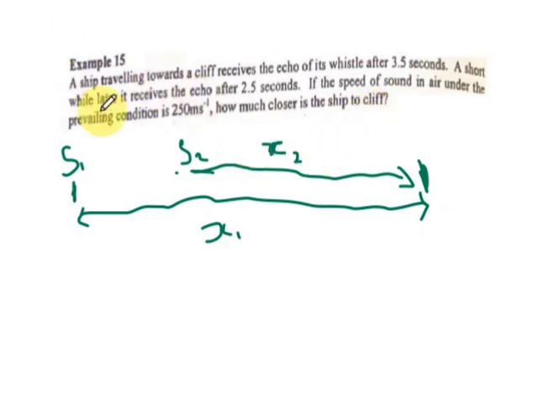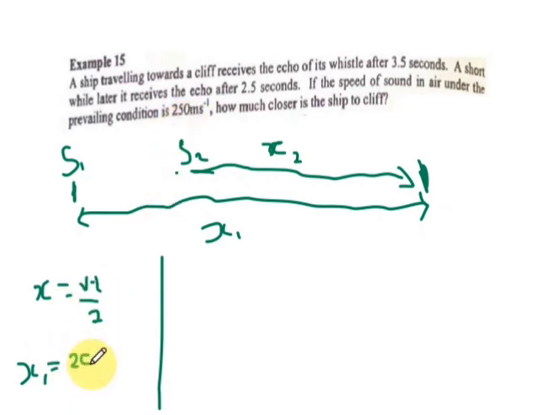Now for the first distance, the time is 3.5 seconds. Now we know that s is vt for echo divided by 2. So here our x is x1. So we can say that x1 is equal to vt, V is 250, that's the speed, times the time t1, that's 3.5 seconds, divided by 2.